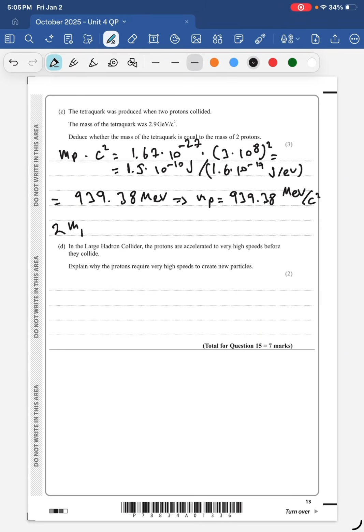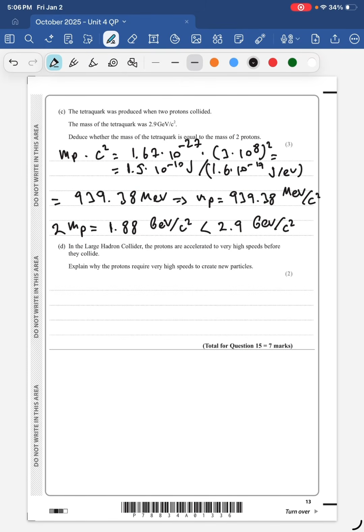If we multiply by 2, we find 1.88 GeV over c squared, which is less than 2.9 GeV over c squared. So it's not equal to the mass of two protons. It's heavier.